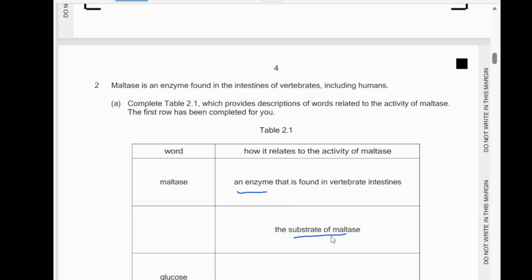What would be substrate of maltase? Maltose. Okay. What is glucose? Would it be substrate or what is the other? Maltase converts maltose into. Wait, it's a product. Okay.